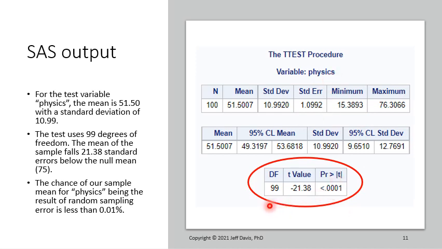The t-test results tell us that the mean for the variable physics falls 21.38 standard errors below the mean of 75. That's a pretty large difference between our mean and the null mean of 75.